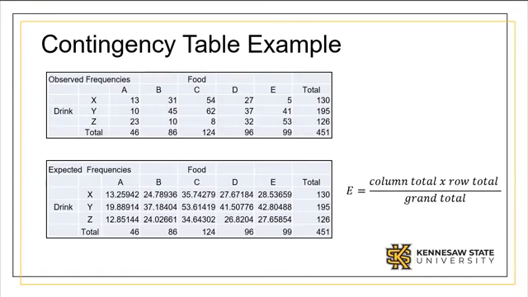For example, the expected frequency for food B and drink Y will be 195 times 86 divided by 451, which equals 37.184. Like before, retaining the precision of the expected frequencies to best calculate an accurate chi-square statistic is essential.